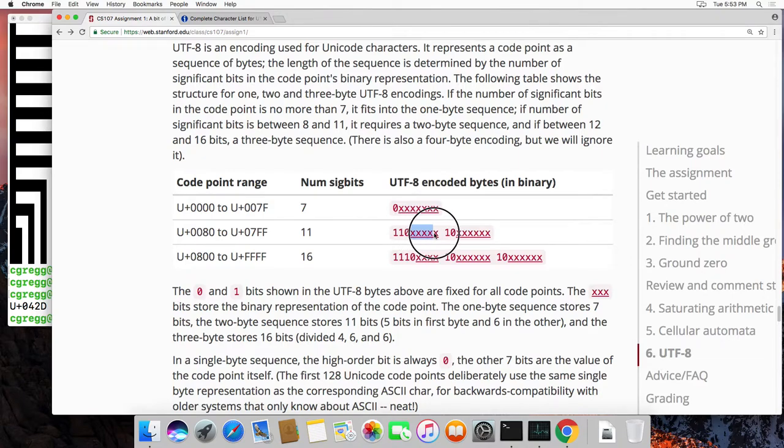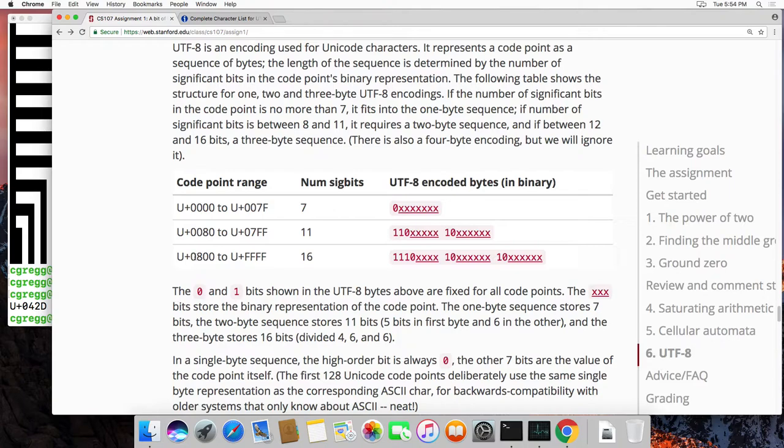And where does it get the other values from? It gets them from the value of the code point. So you determine what range it's in, then you fit it, and then you jam the bits into this format here. It's relatively straightforward.